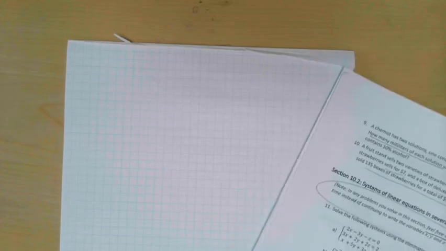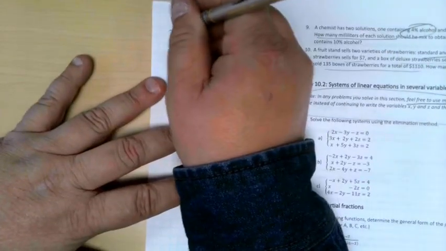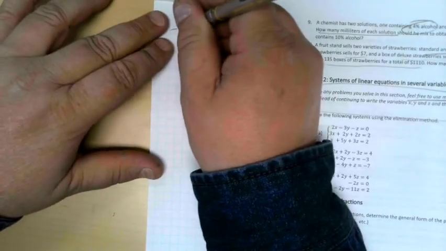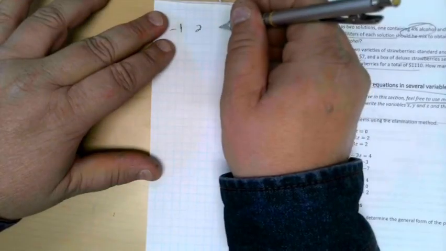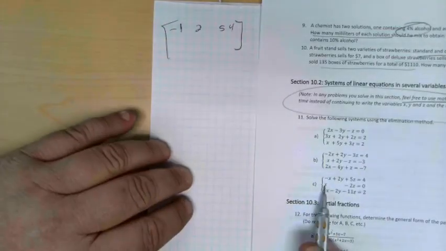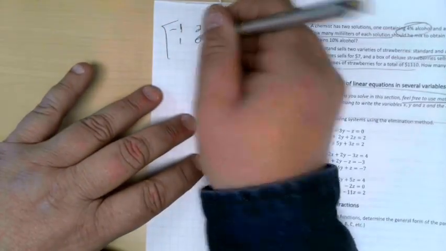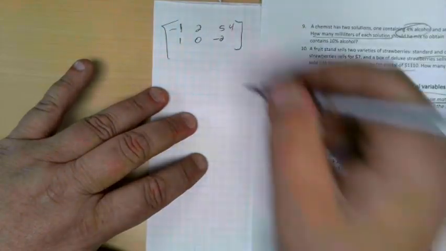Let's look at 10C. Let's look at 10C. Which if I copy that down right from here, I end up getting -1, 2, 5, 4. And I get 1, 0 y's, -2z, and 0.